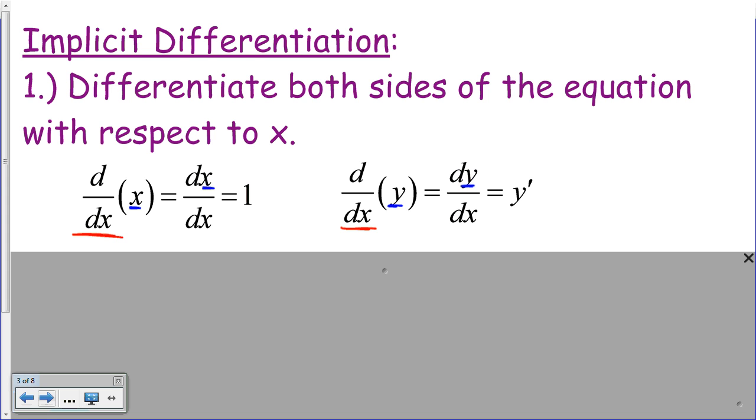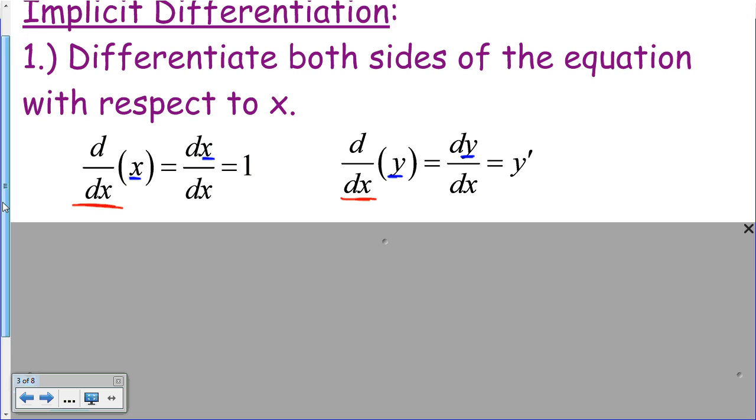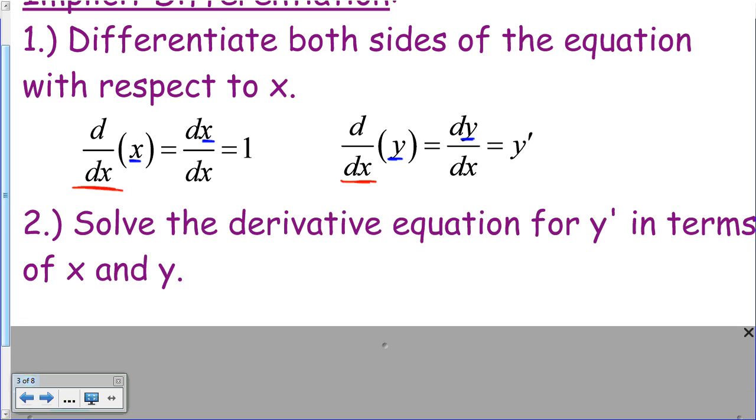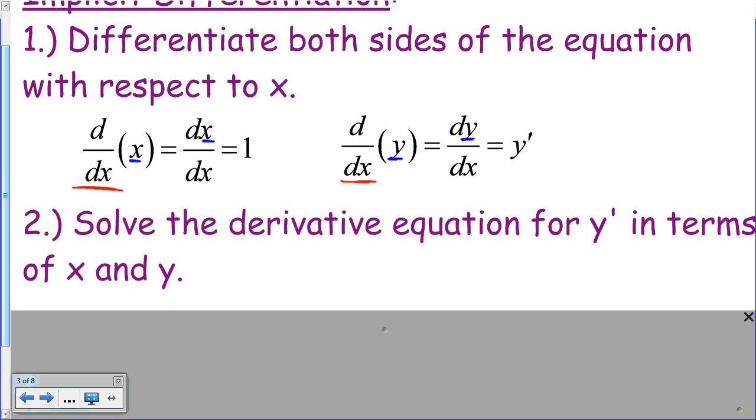All right, so the first step is to take derivatives of both sides, and once you do that, you'll then end up with x's and y's and some y primes all over the place in that equation, or potentially all over the place. And we're trying to find out what the derivative of y with respect to x is. We're trying to find out what y prime is equal to.